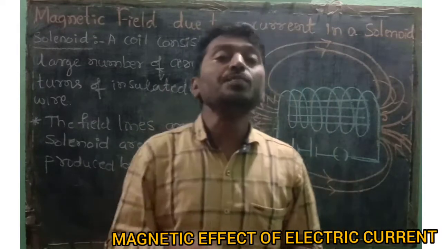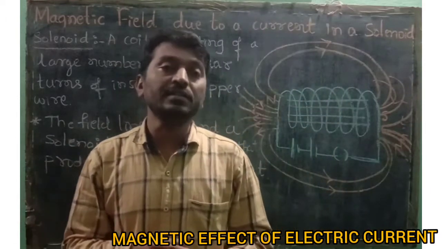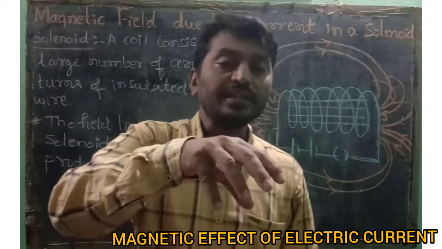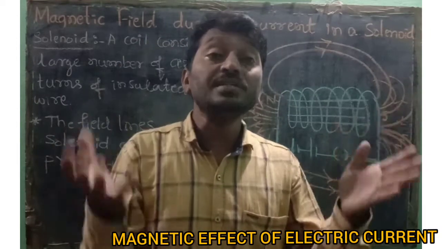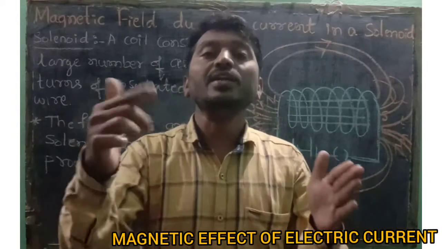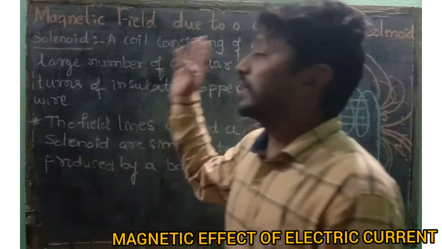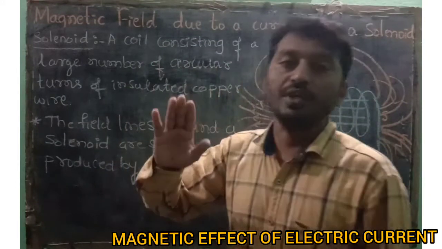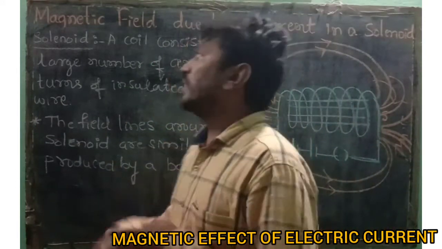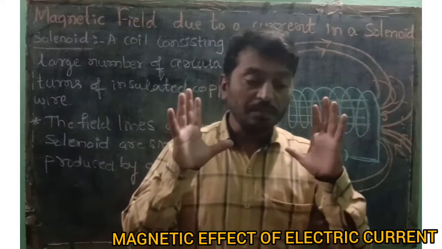And if you hold that iron nail near iron filings, it will attract them, meaning the iron nail acts like a magnet when you supply the electric current. So this is about the current flowing through a circular loop, as well as through a solenoid, and also the electromagnet.